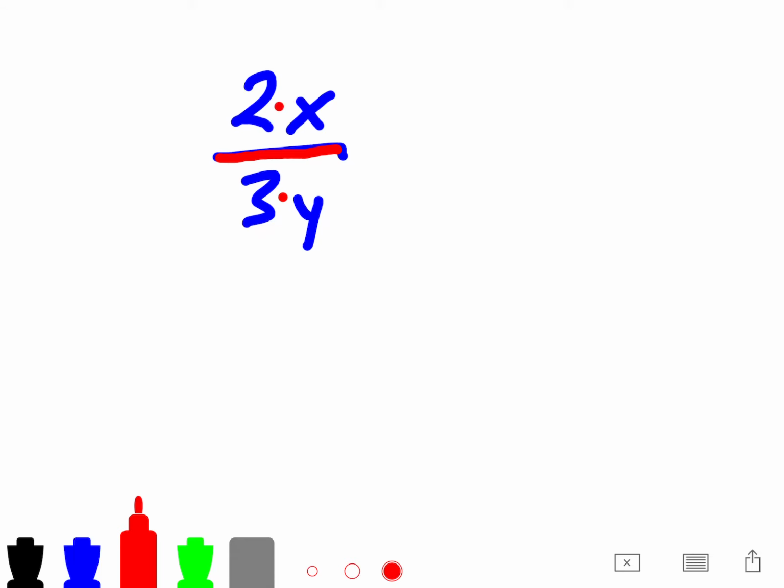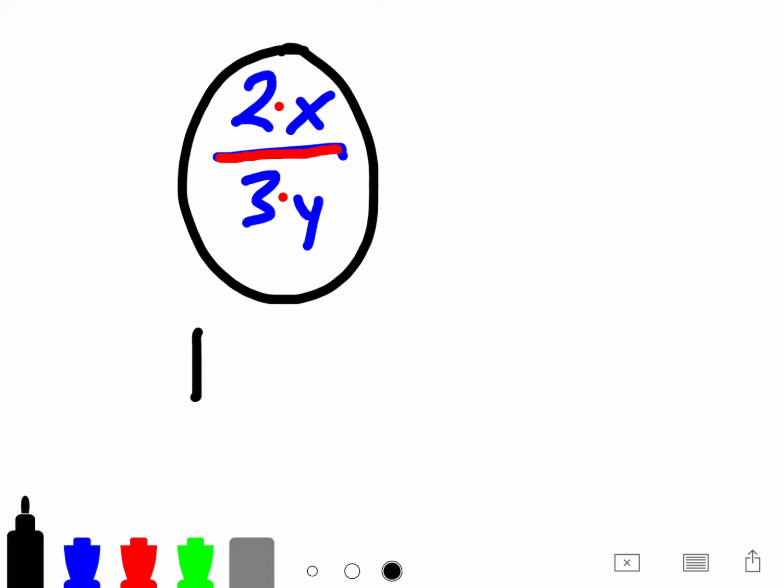So if it's just multiplication and division, these are called terms. Now, numbers by themselves and letters by themselves can also be terms, as long as there's no addition or subtraction between it and other terms. So this is called a term.